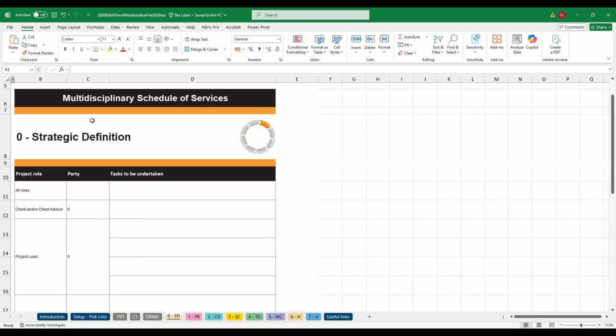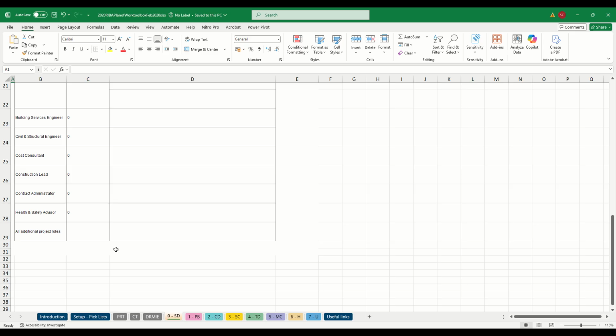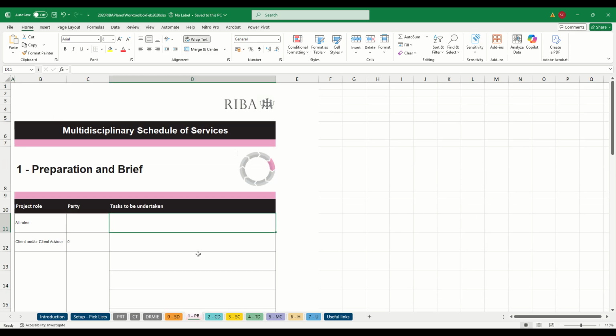Then you have multidiscipline services, defining roles, people, leads, contacts, duties. Then you have the same over each one of the stages, preparation. Then you have conceptual design, spatial coordination.